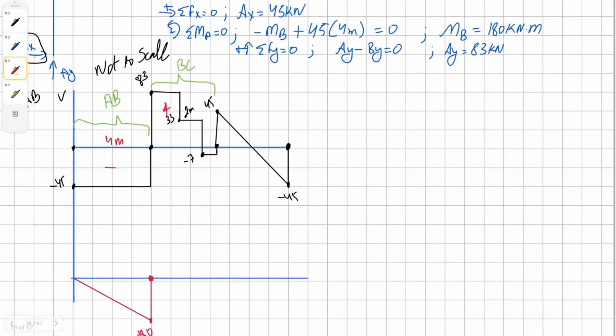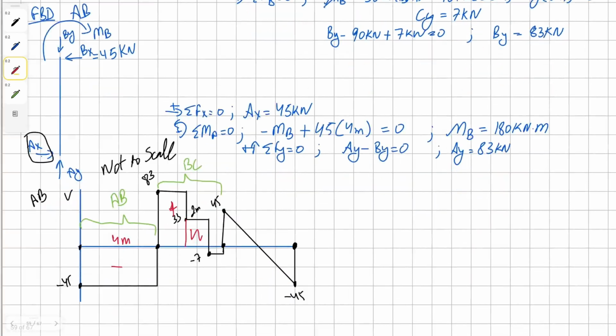So I'm going to say 124 is around about here. And then we have this area, which is 33 times 2, and this is 66, 124.5.